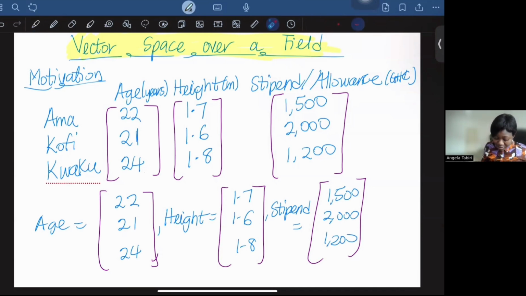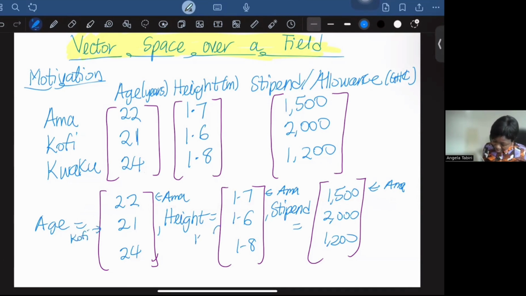Now with this container, I know that all entries on the first row consist of attributes of what? Ama. And attributes on the second row consist of attributes of Kofi, and finally, attributes on the last row consist of attributes of what?